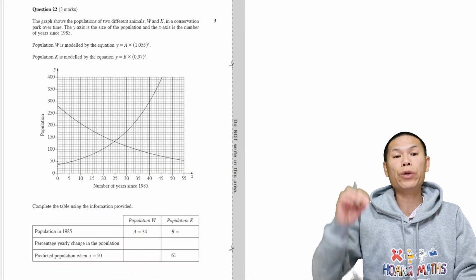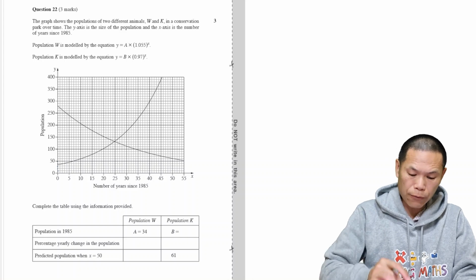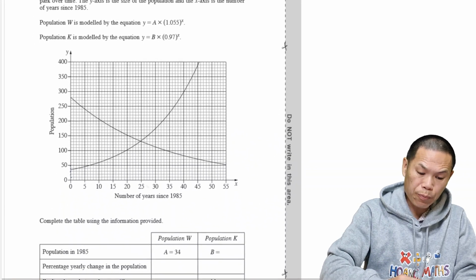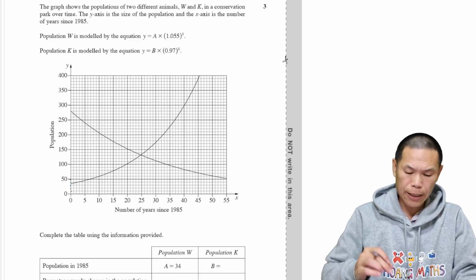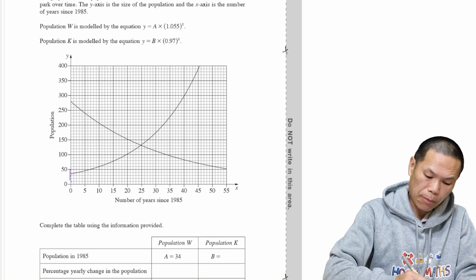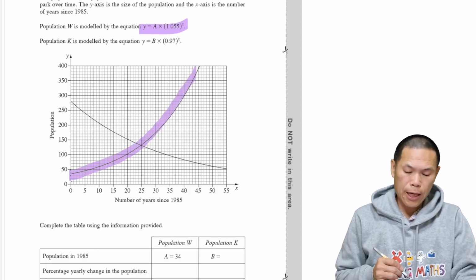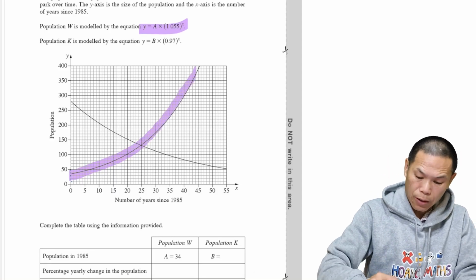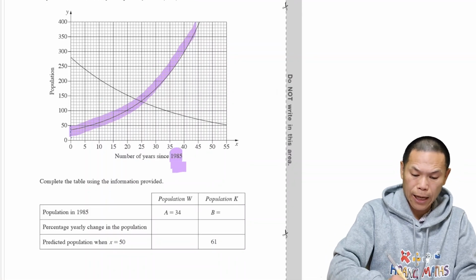Question 22. We need to use the graph to complete the table below. So first of all, okay, we have populations W and population K. So we know that for W, so this is W. Because it's growth, so keep that in mind. And we know that when T is 0, that is when this year starts, okay?